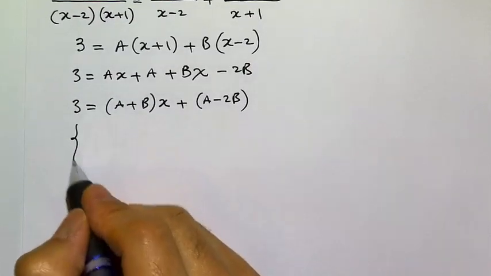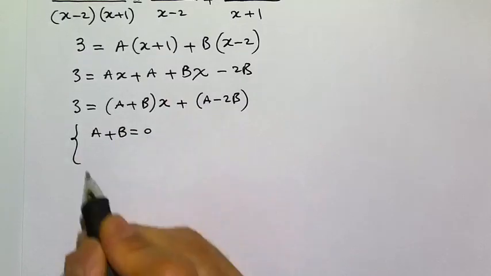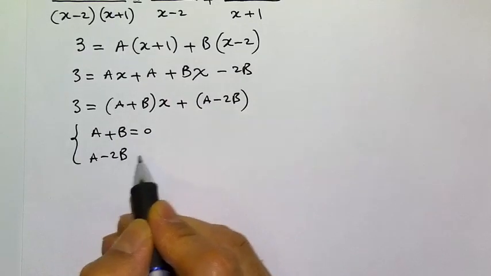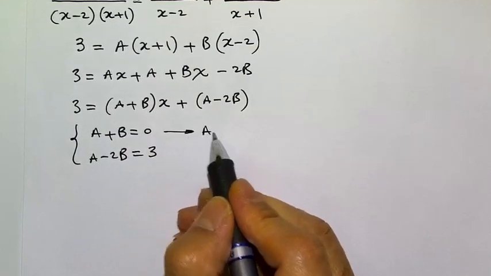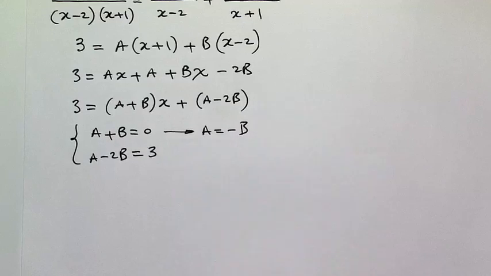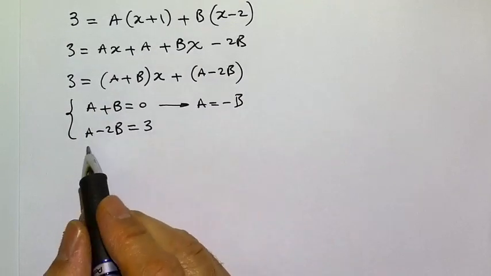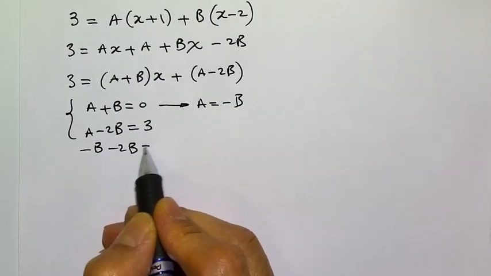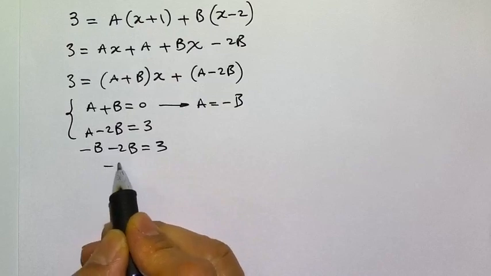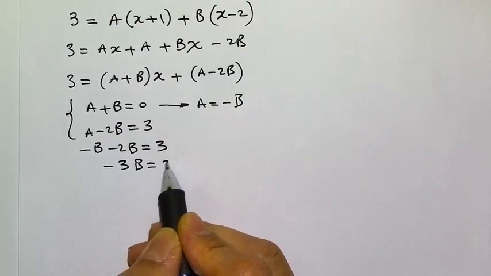Okay, so then we have a plus b should be equal to 0, of course, and a minus 2b should be equal to 3. So from here, we know that a should be equal to minus b, and then substituting, we have minus b minus 2b equals 3, and then minus 3b equals 3.